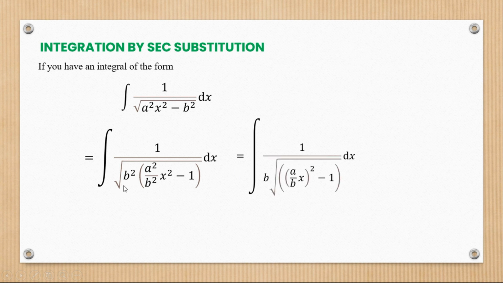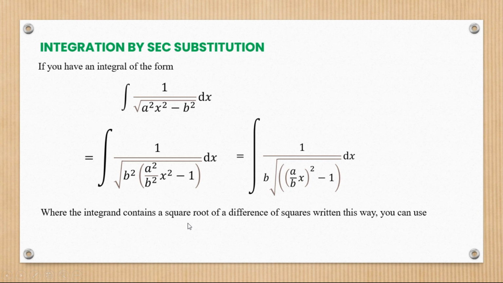Now therefore, the square root of b squared is b, so I have b times the root of (a over b x) squared minus 1. Anything in this format, we use sec substitution, where the integral contains a square root of a difference of squares written this way.